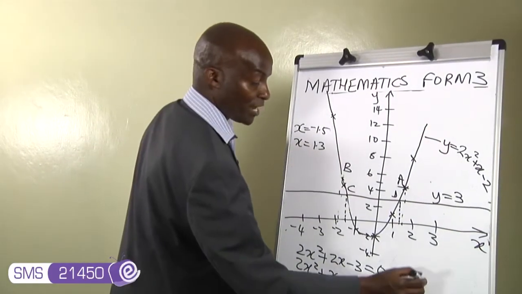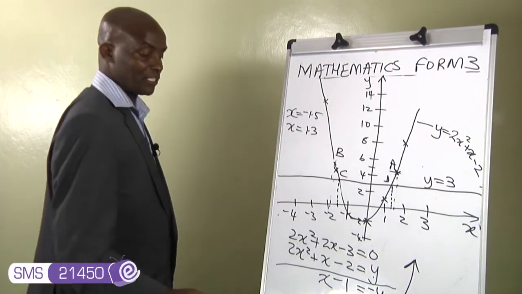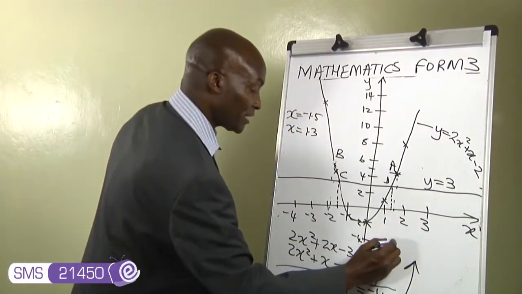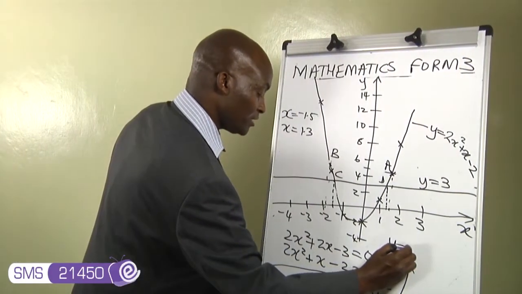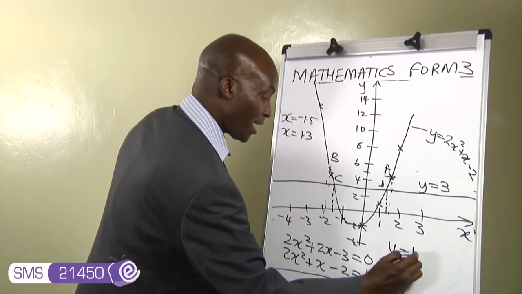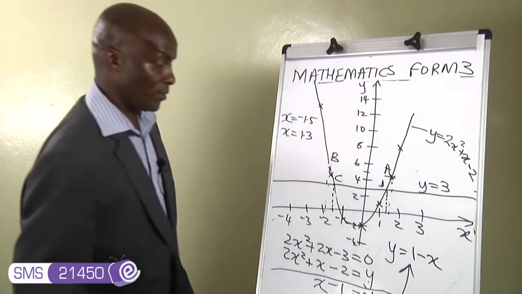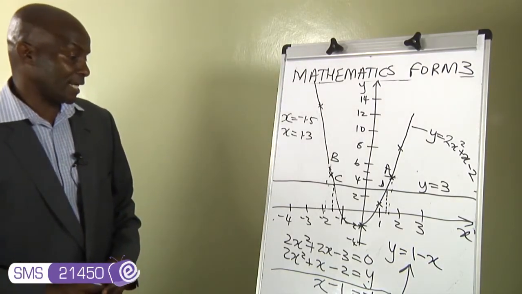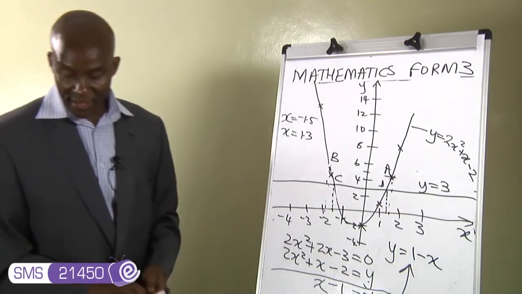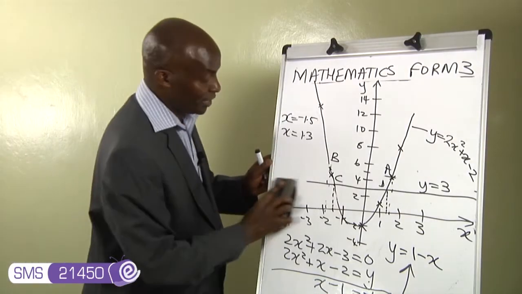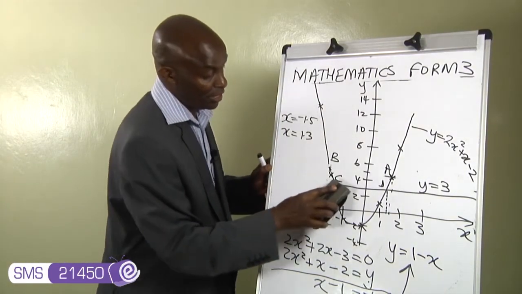So if we multiply throughout by negative 1 on both sides, we'll get y is equal to 1 minus x. So that is the line that we need to draw in order to get the solution.